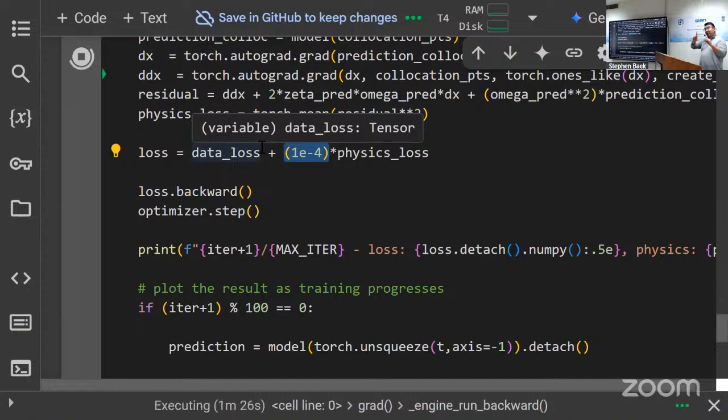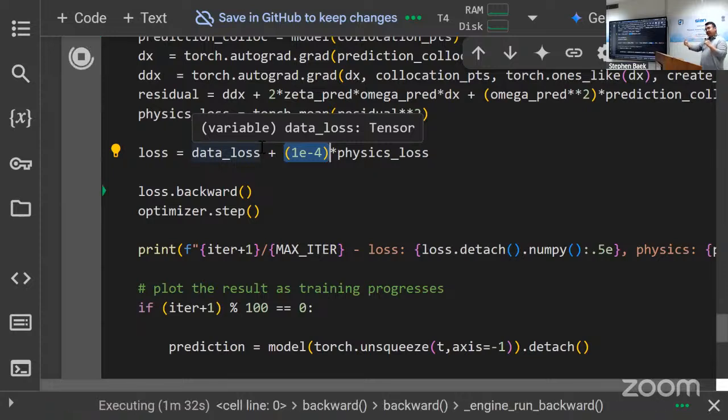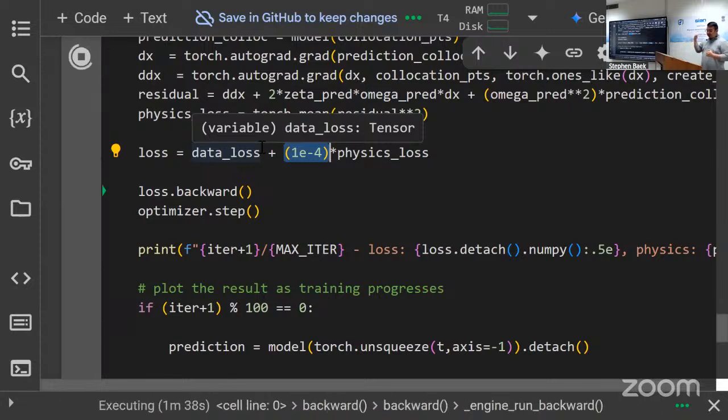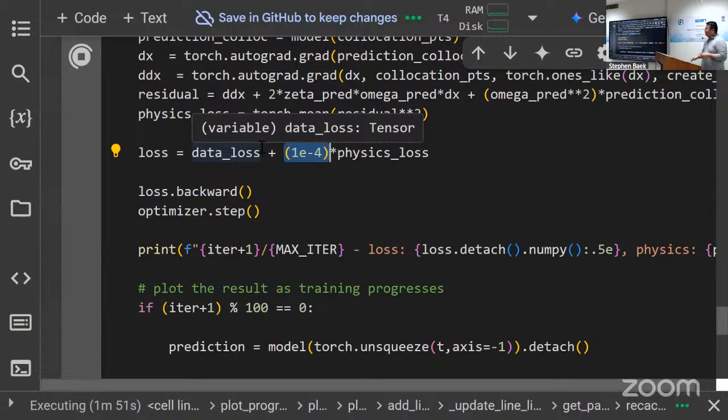That's when the physics loss term starts to kick in, and the curve shape is further optimized according to the governing differential equation. So that's usually the training process. You first minimize the data loss, and then let the physics loss kick in afterwards. So how do you determine that number? There's no golden rule. It has to be empirically determined.